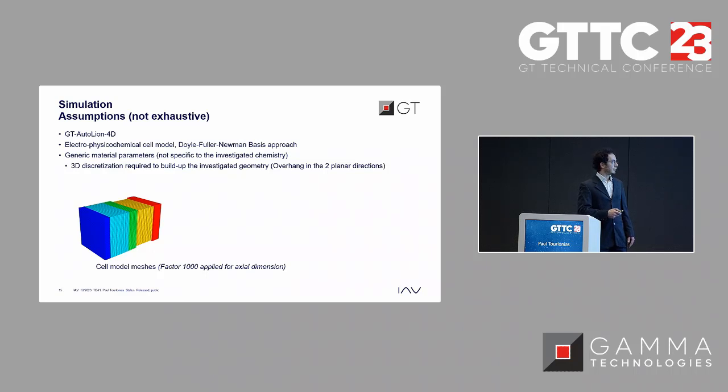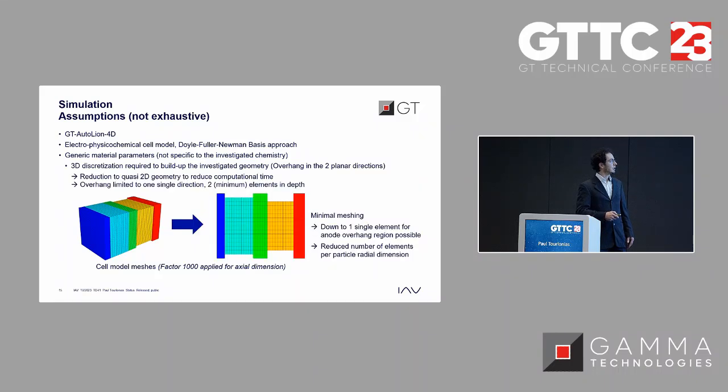And we first did some investigation of the mesh, and we noticed that to have affordable computation times, we had to reduce the mesh, or to really optimize the mesh. And we used, for some of the results, a kind of minimal meshing, which is shown there, where we reduced the overhang region to one single element.